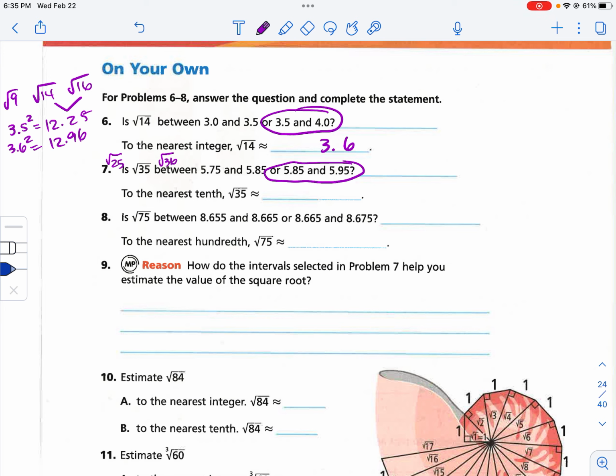So 5.85 times 5.85, that's going to get me 34.2225, and 5.9 squared gets me 34.81.